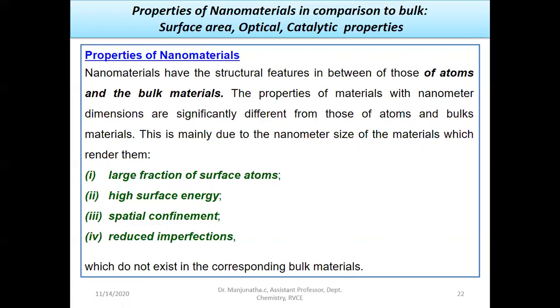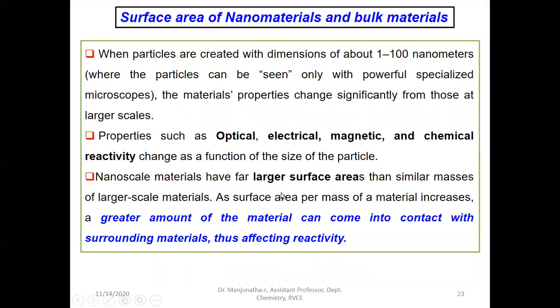It means you are restricting the movement of the electrons. That is called spatial confinement or quantum confinement. Hence, its electronic properties completely change. As well, nanomaterials have fewer imperfections in the crystal structure. Defects are reduced. Because of these features, nanomaterials exhibit completely different properties than their bulk materials.